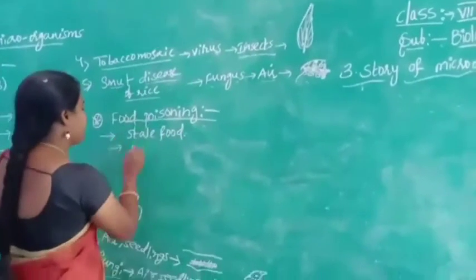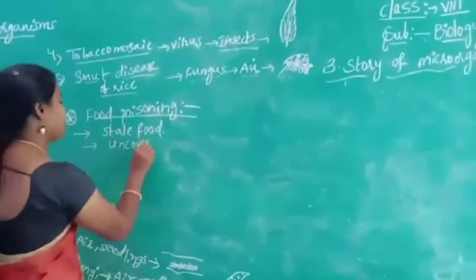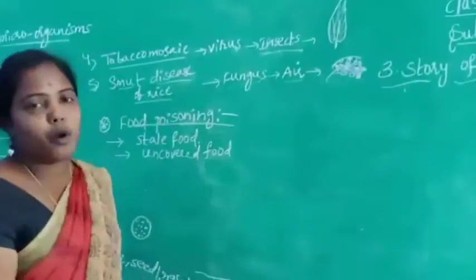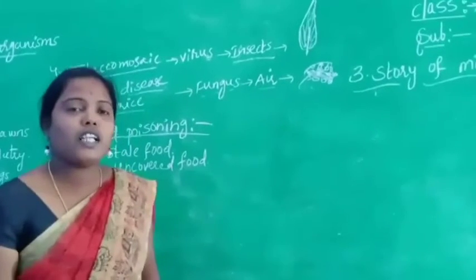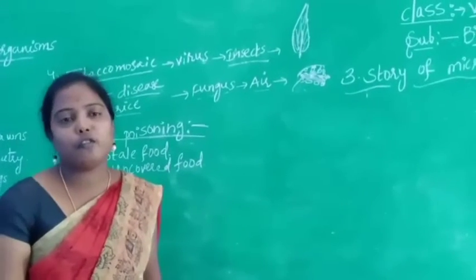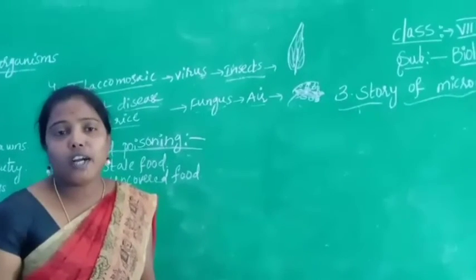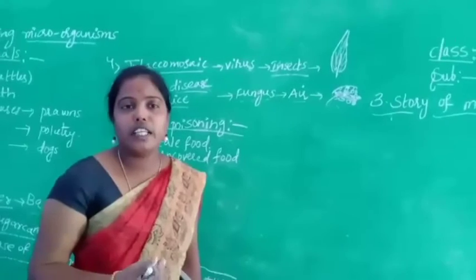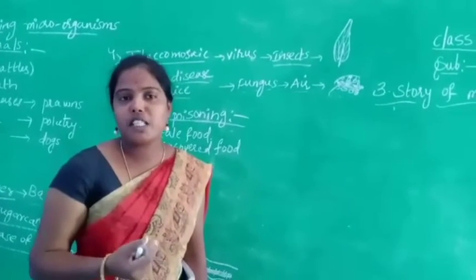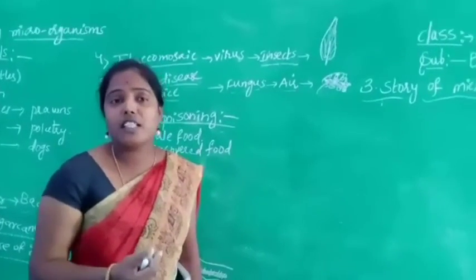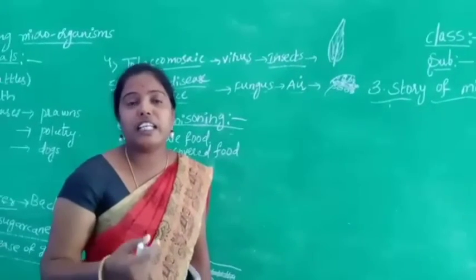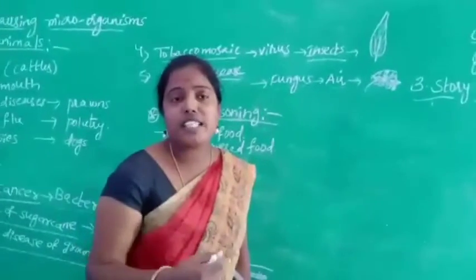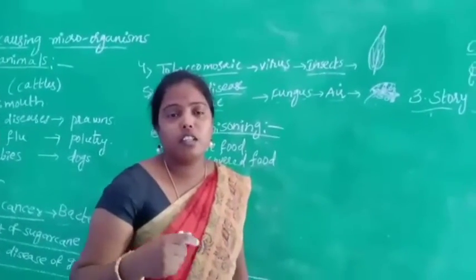And it occurs due to uncovered food. Okay, children, what is food poisoning? Some microorganisms are responsible for spoiling the food. Where water and moist conditions are available in the food, microorganisms grow. When they grow in the food, they release toxic chemicals, and these toxic chemicals make the food poisonous.